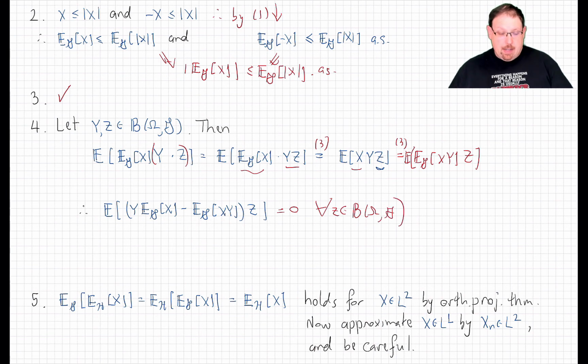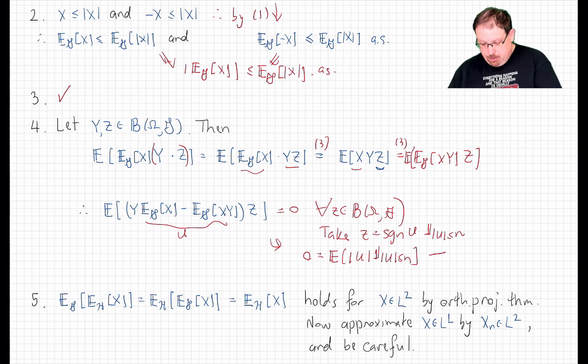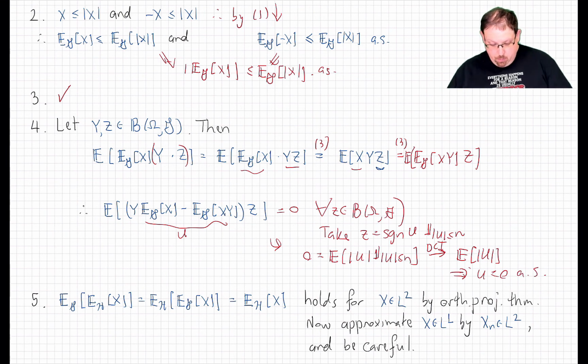And now, following the same pattern that we've done twice before in this lecture, we can take z equal to the signum of this, which I'll call u, times the cutoff indicator that it's less than or equal to n, and we'll conclude that 0 is equal to the expected value of the absolute value of u times the cutoff indicator for every n. By the dominated convergence theorem that converges to the expected value of the absolute value of u, which implies that u is equal to 0 almost surely, which is exactly what we hoped to show.